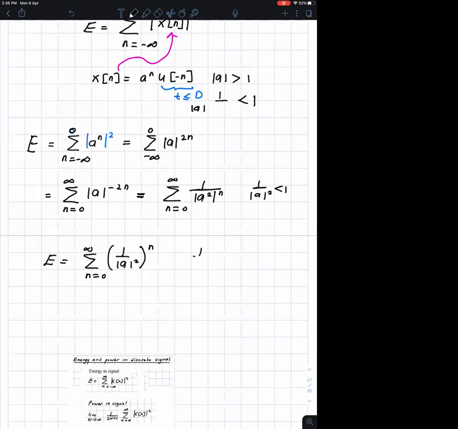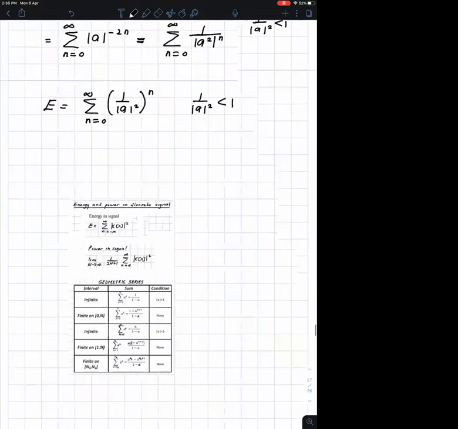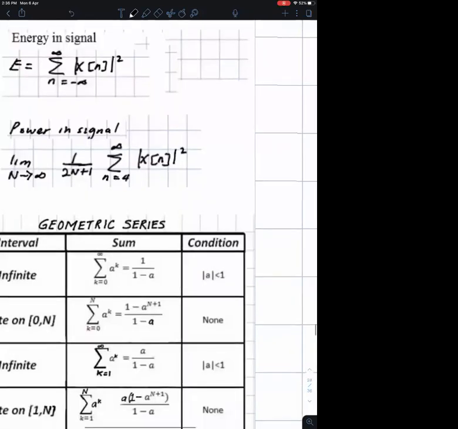And again, note that this is less than 1. Okay, now if that is so, then I can use one of these formulas to solve the problem, right? I can use the first formula.